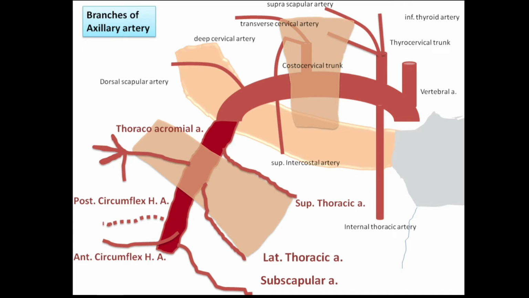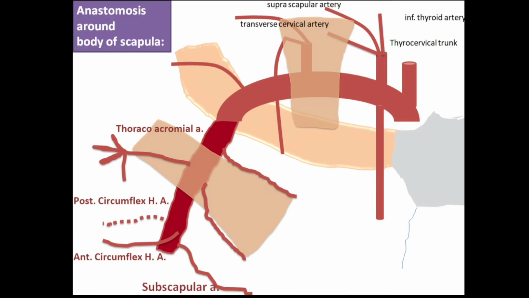Now, as we know the branches of the subclavian and axillary artery, let us see the anastomosis around the body of the scapula. This anastomosis occurs between the first part of the subclavian artery and the third part of the axillary artery. Here we can see the circumflex scapular artery from the subscapular artery.